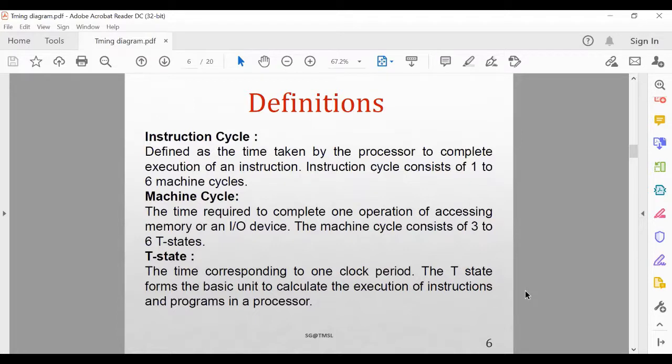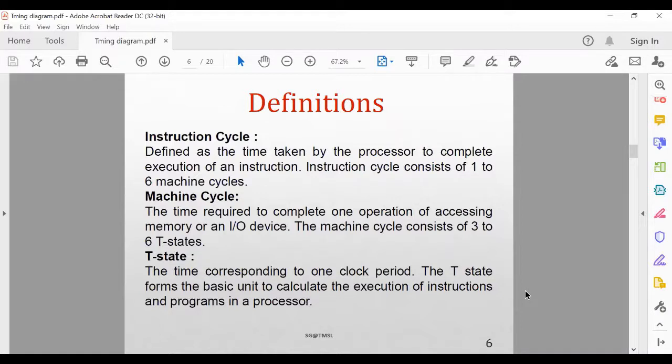A complete instruction means MOV A, B, that is a complete instruction. MVI A, 30, that is a complete instruction. JMP 9000, that is a complete instruction. So don't take any instruction as just MVI A. No, it is an incomplete instruction.